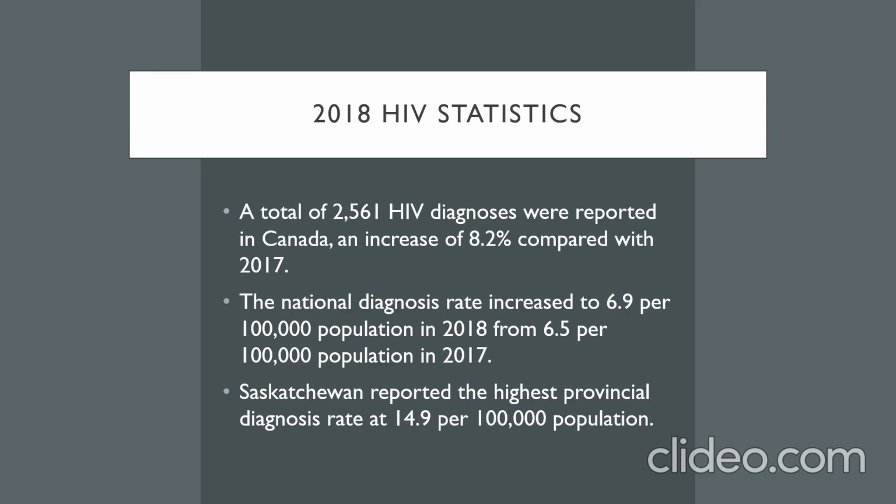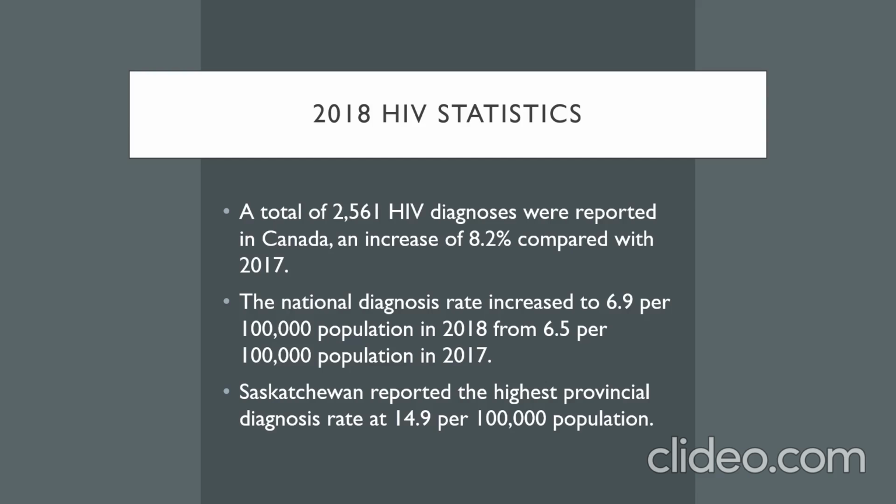And our province, Saskatchewan, reported the highest provincial diagnosis rate at 14.9 per 100,000 population. So, with this kind of statistics, TB certainly deserves considerable attention within the province.